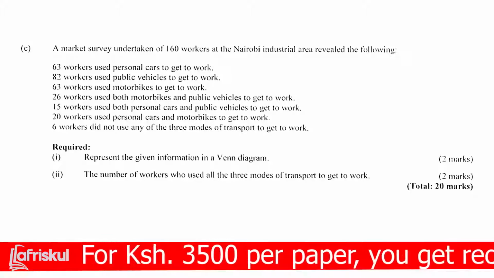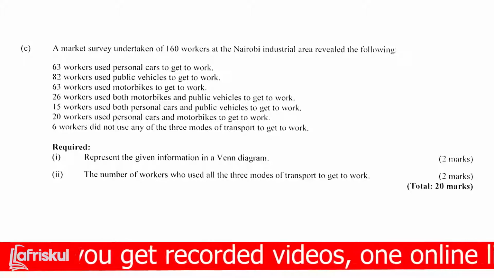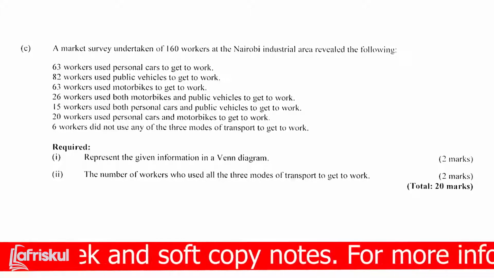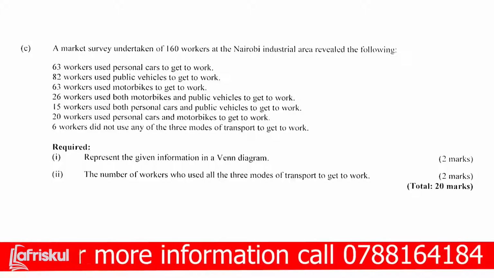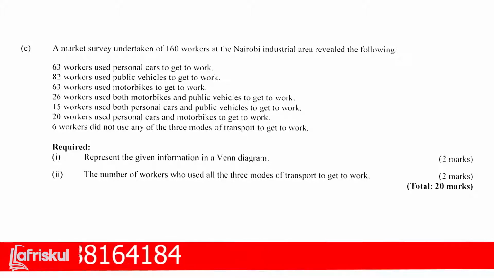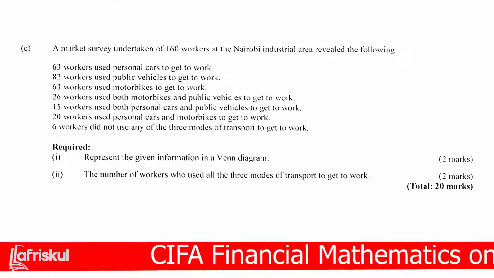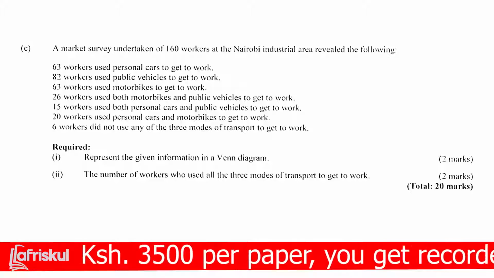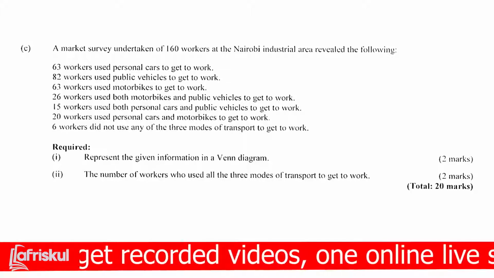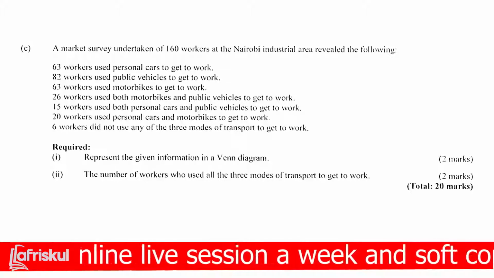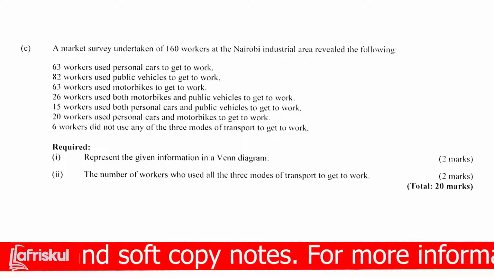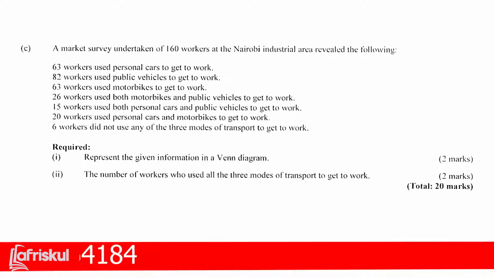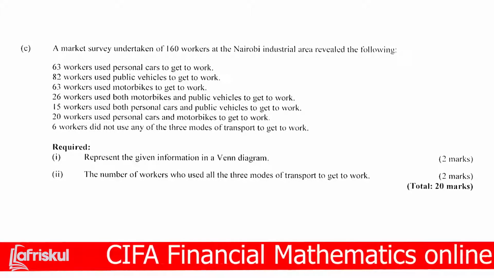63 workers used motorbikes to get to work. 26 workers used both motorbikes and public vehicles to get to work. 15 workers used both personal cars and public vehicles to get to work. 20 workers used personal cars and motorbikes to get to work. 6 workers did not use any of the 3 modes of transport to get to work.